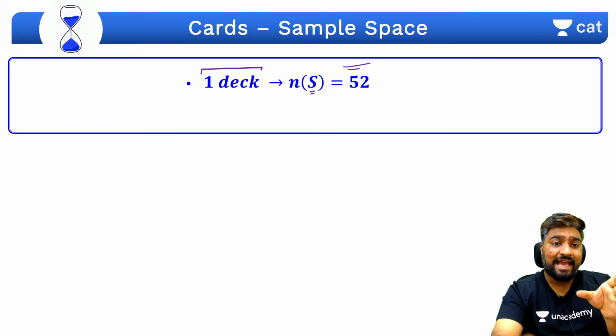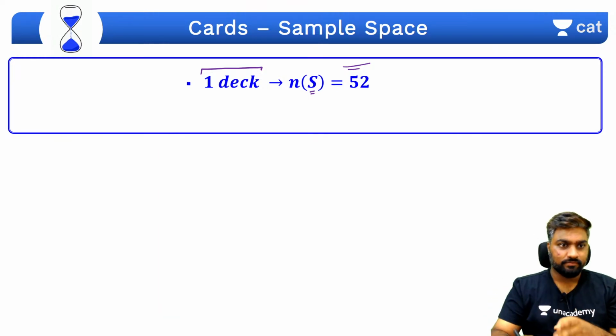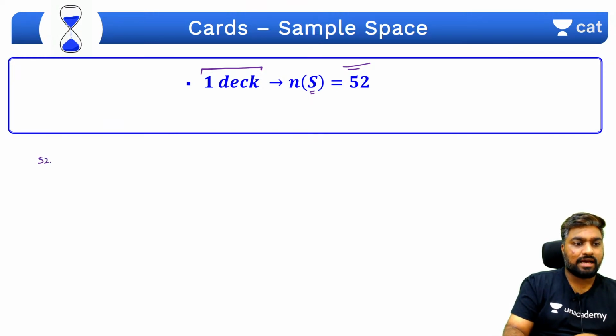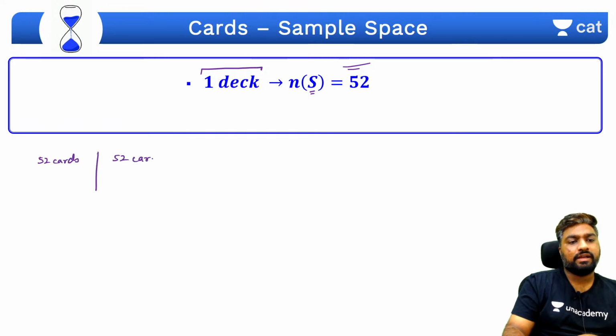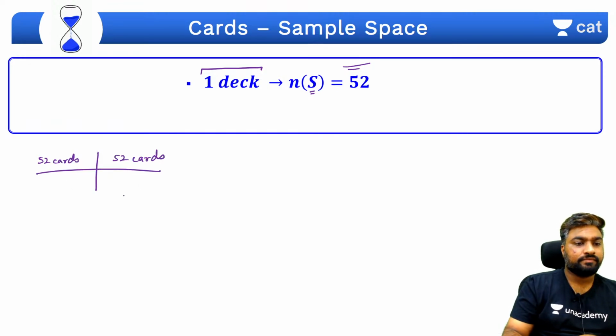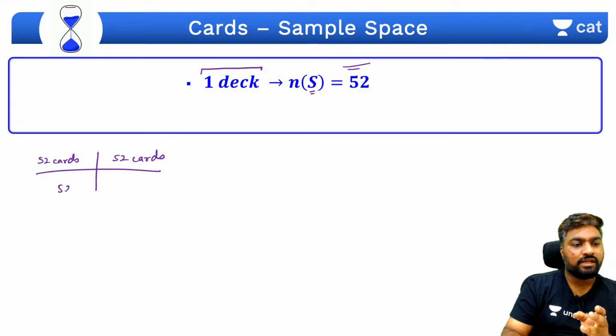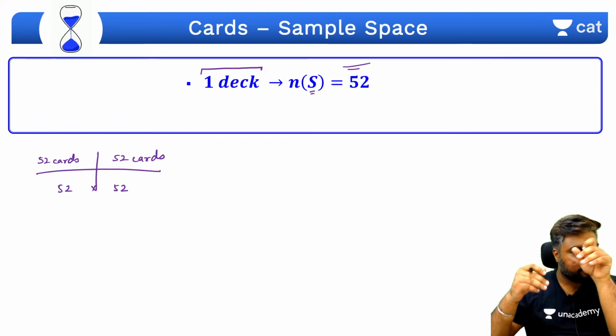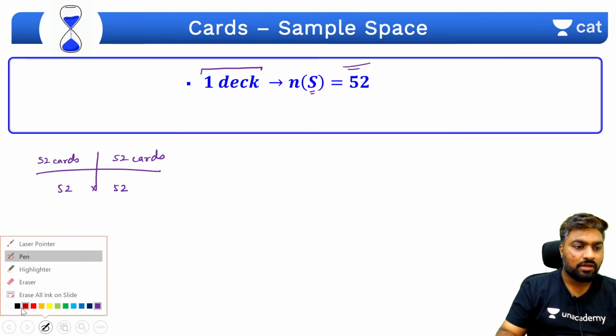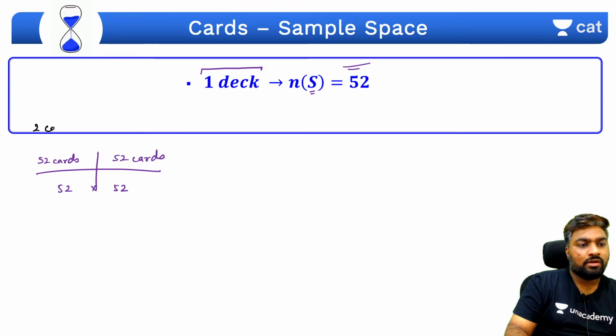What if n decks were kept separately? 52 cards here separately, and another 52 cards here separately. Please understand this scenario: 2 cards are picked from 2 different decks.